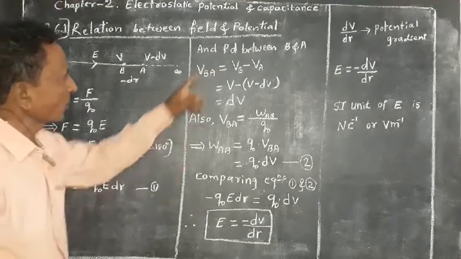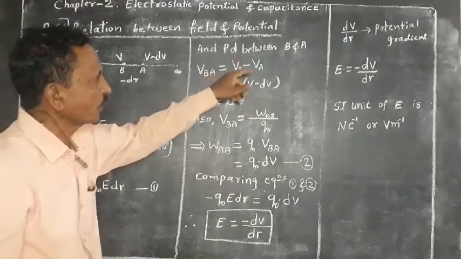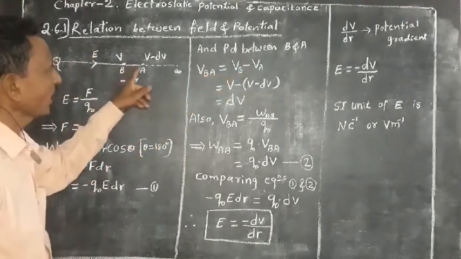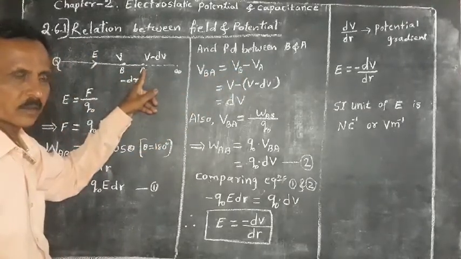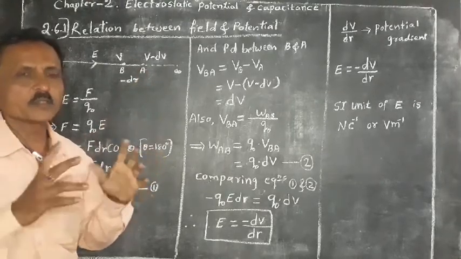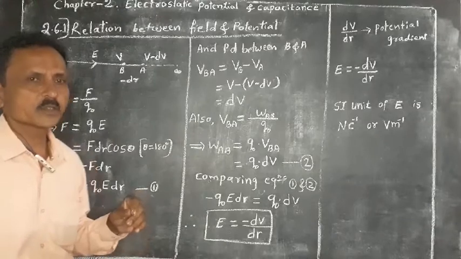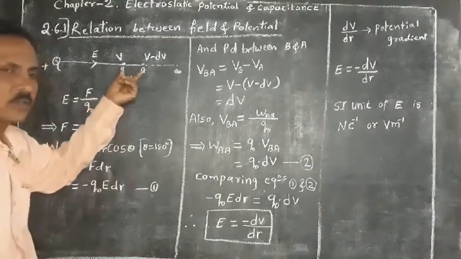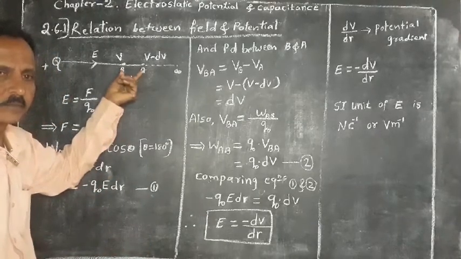Now the potential difference between points B and A. Potential difference is the difference between the potentials at any two points in an electric field.